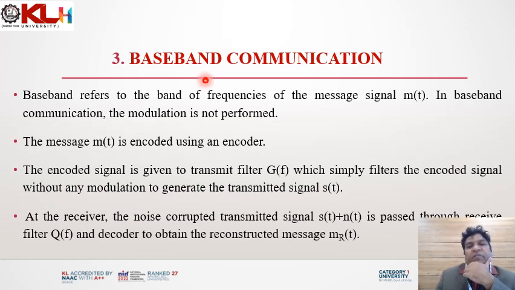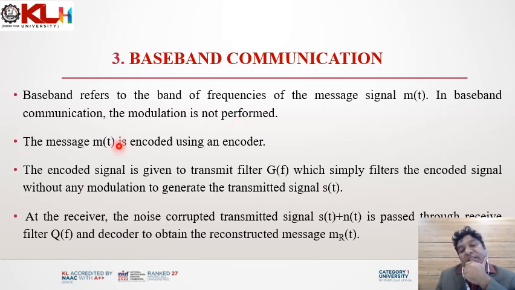Now we are going to briefly discuss baseband communication. Baseband refers to the band of frequencies of the original message M of t, and in baseband communication, modulation is not performed. The modulation using the high frequency carrier is not done.